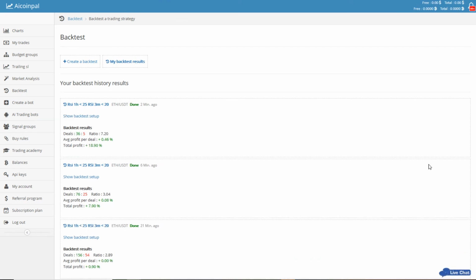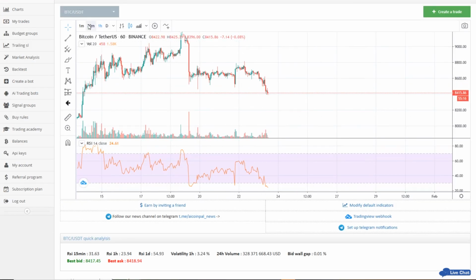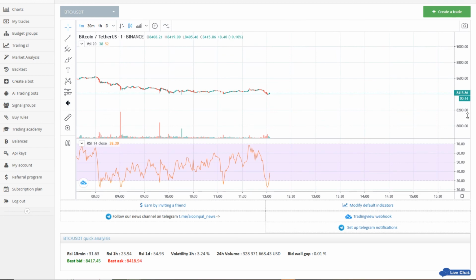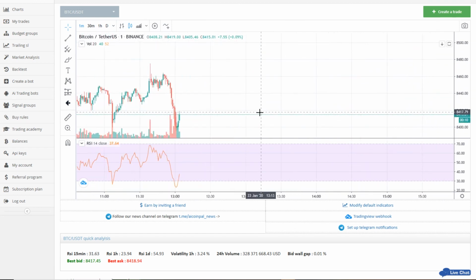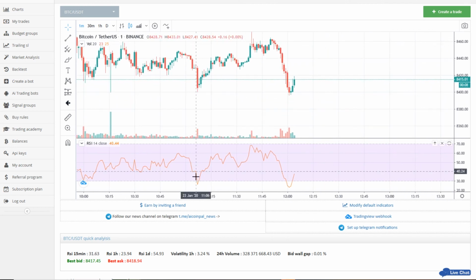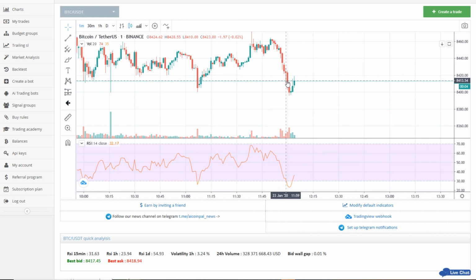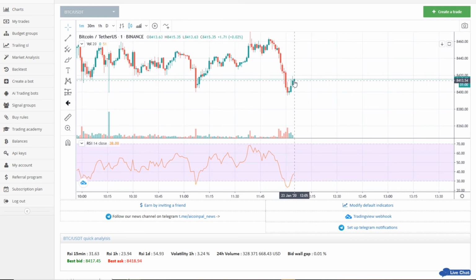Okay, so the backtest is finished, and as you can see right now, we had a much better result. When we add a positive green candle, it gives us the opportunity, as we look down here on this chart, the RSI is low already here, but buy only when a green candle appears.